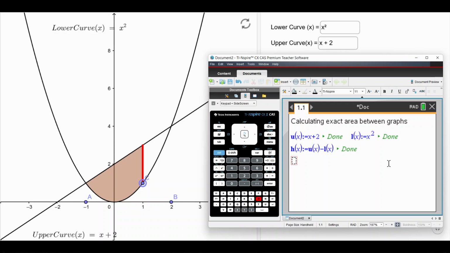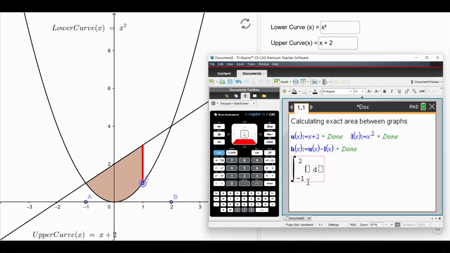After that, if we were to find the area, we need to use shift plus, or we can use the template and then click this button. Then we need to find the area from negative 1 to positive 2.